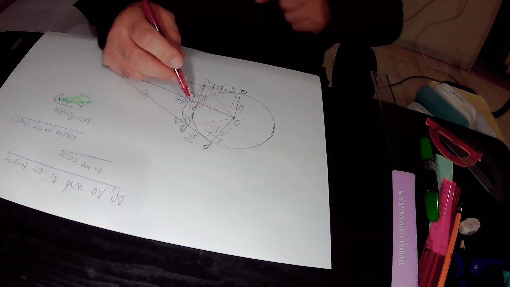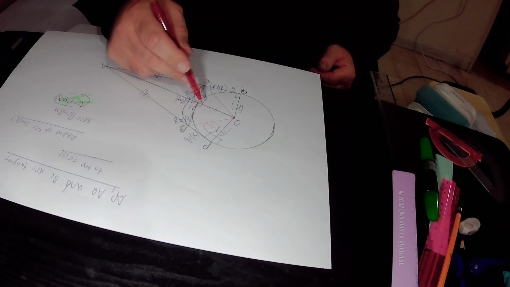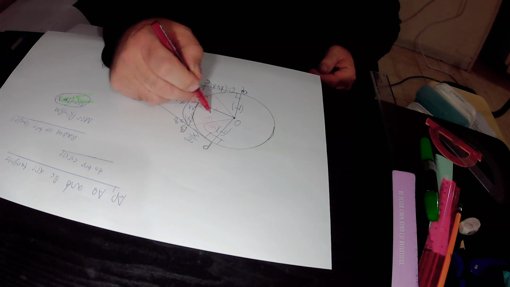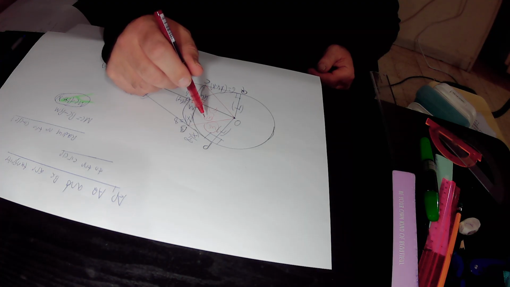So in total, the area of this small right triangle OBM equals 8r over 2, that is 4r square inches in size. Exactly like this small right triangle OPB, its area is also 4r square inches in size.